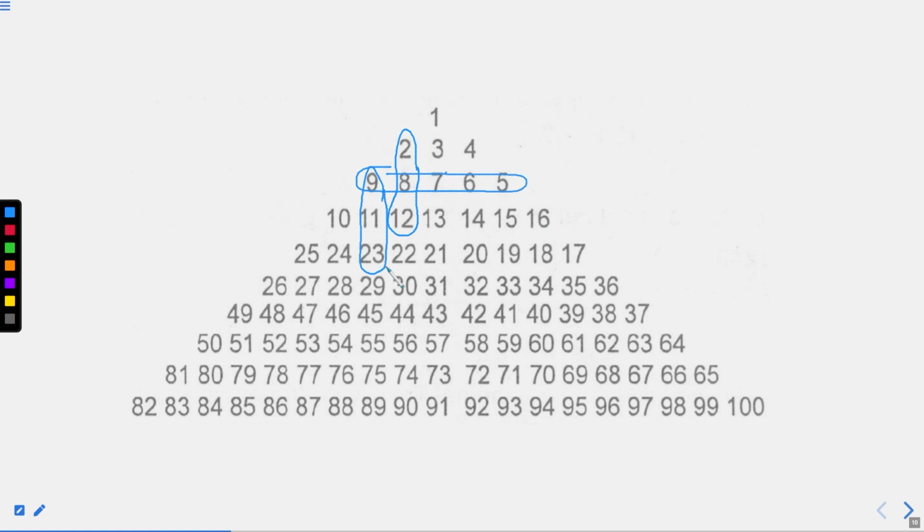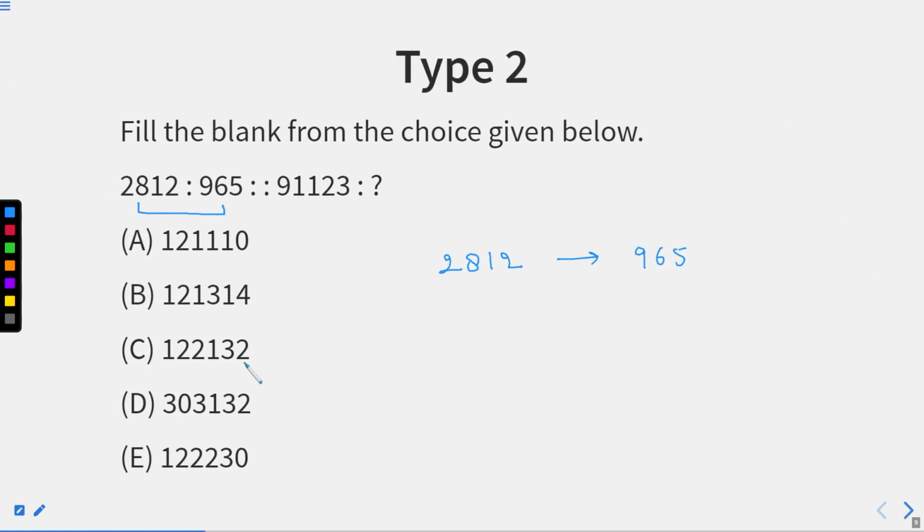Now we have this. So how are we going to solve this part? The answer will be in some kind of this relation. We are going to take numbers from here. So either the number will be 10, 15, 16. Do we have any number like this?